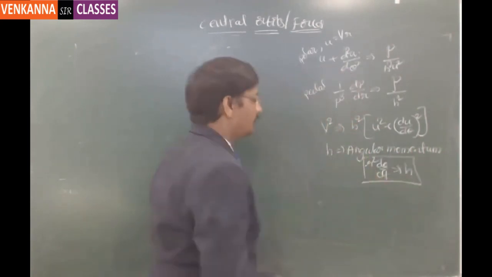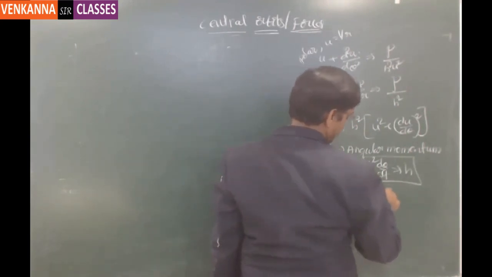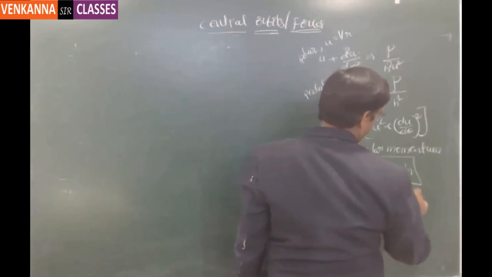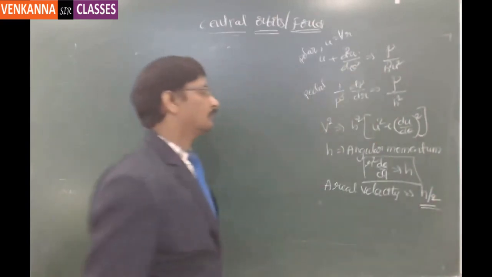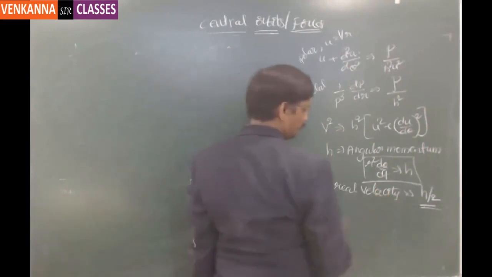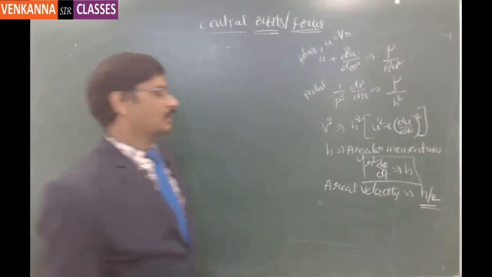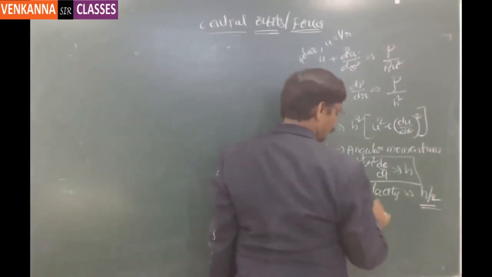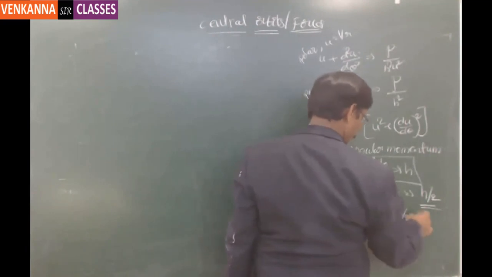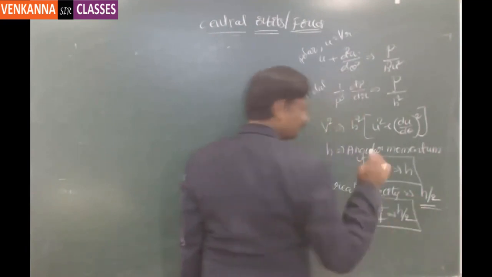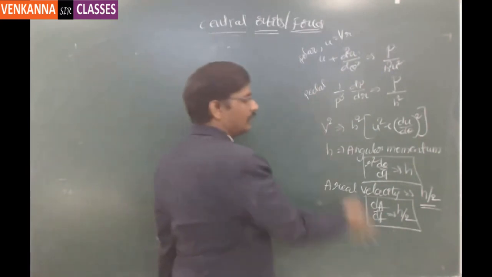And then the aerial velocity of the planet is half of the angular momentum. This is what we proved already. So half of the angular momentum is equal to the aerial velocity, which is dA by dt is equal to h by 2. Right? So this is the summary of the entire discussion.